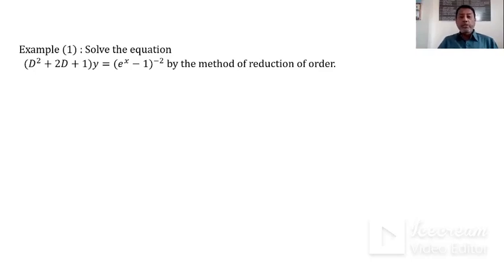Solve the equation (D^2 + 2D + 1) y = (e^x - 1)^(-2) by the method of reduction of order. Now here we have seen how to solve. First we must know one solution of the associated homogeneous differential equation.